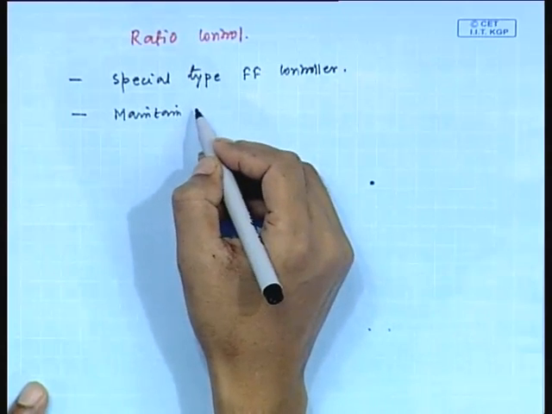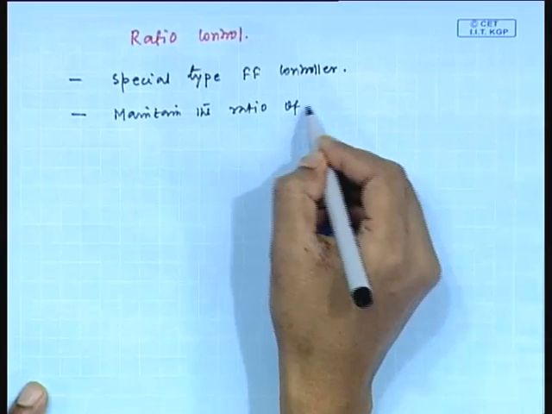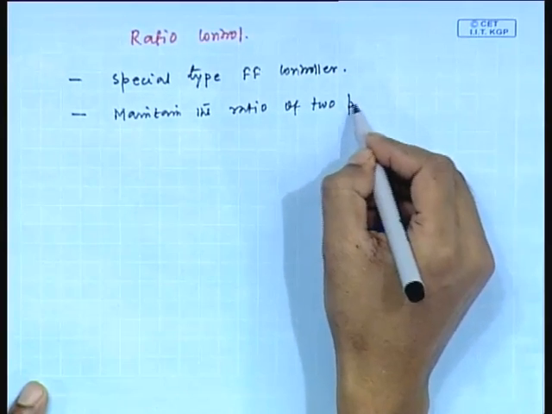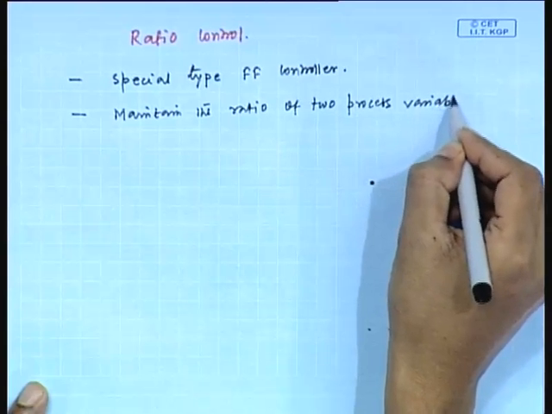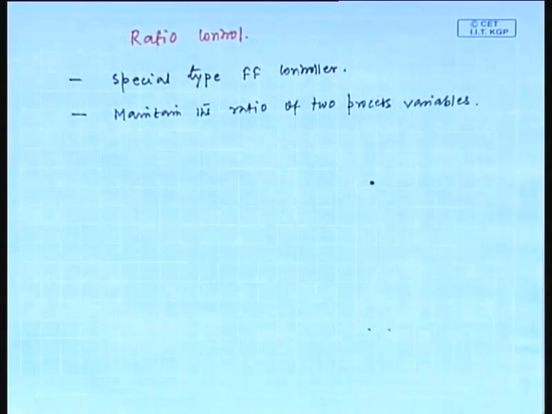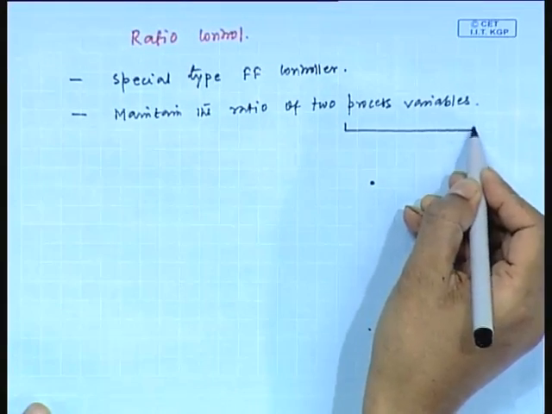Its objective is to maintain the ratio of two process variables at its specified value, and these two process variables are usually flow rates.